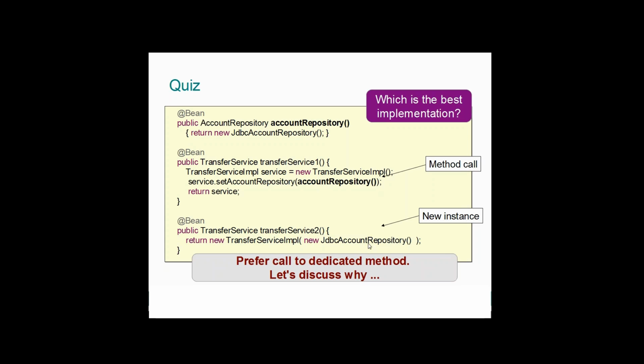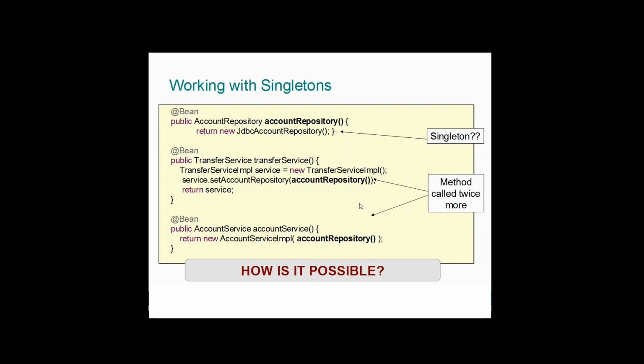repository here, let's say I'm going to call like this. If you look at, I have this account repository. I'm calling this transfer service, which is injecting account repository, and I have another account service, which is injecting the account repository. Now, first time when I call, this is going to create a dependency injection, transfer service will call this account repository.